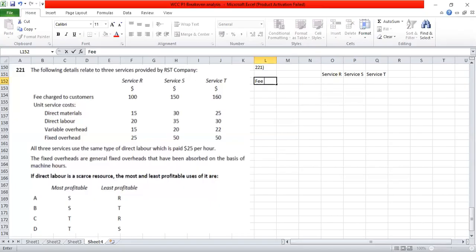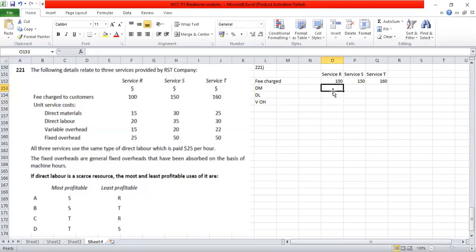Then we have direct material, direct labor, variable overhead. The fees are 100, 150, and 160.